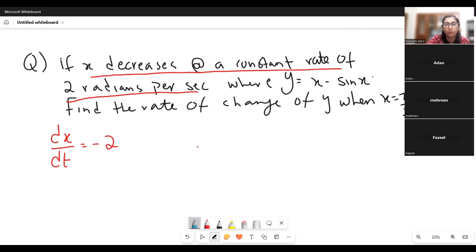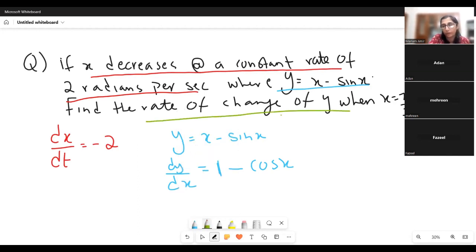And we're given y equals x minus sine x. From here you can find dy upon dx, which would be 1 minus cos x. Then it says find the rate of change of y. So we have to find dy over dx, sorry, dy over dt. And x is given pi by 3.